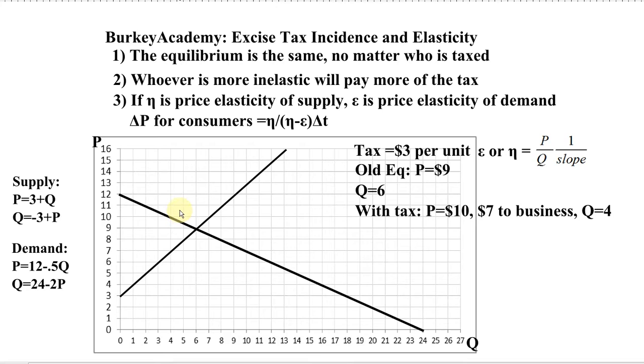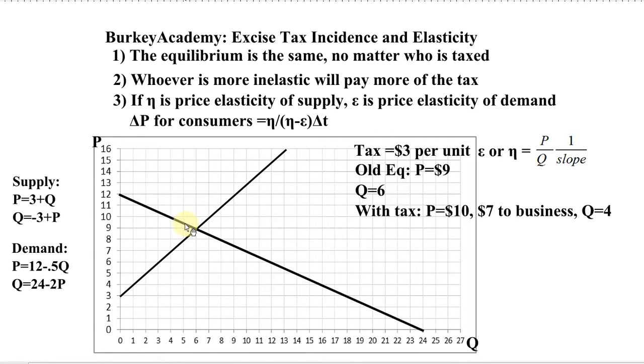So if you know that in addition to paying for the product itself, you're also going to have to pay a tax, then what that's going to do is decrease your willingness to pay for the product. Not the total price, right? The total price will stay the same, but your willingness to pay the price is going to go down because you know you're going to have to go and pay this $3 per unit tax afterwards.